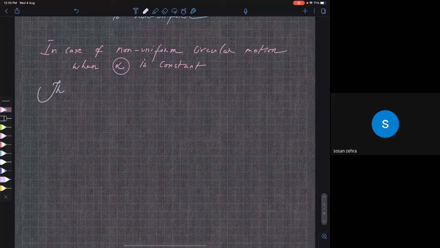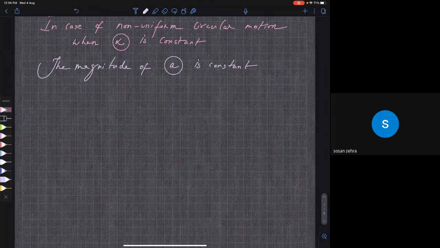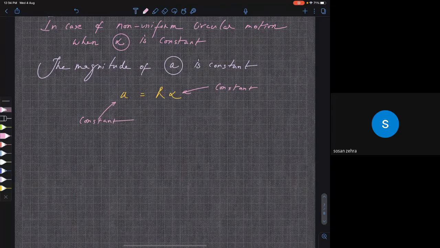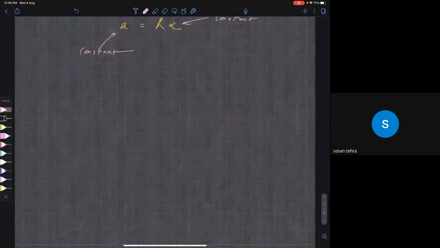The magnitude of a is constant. Do you agree? Why? a is equal to r alpha. This is constant, so this will also become constant. Clear?